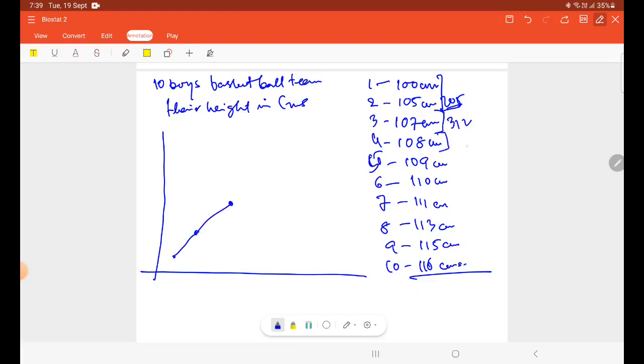Fourth one, 312 plus 108, it is 420. Say here. Next one is 420 plus 109, say 529. Reaching here. Next one is 529 plus 110 cumulative, so it will be 639. So here. 639 plus 111, so it will be 750 here.